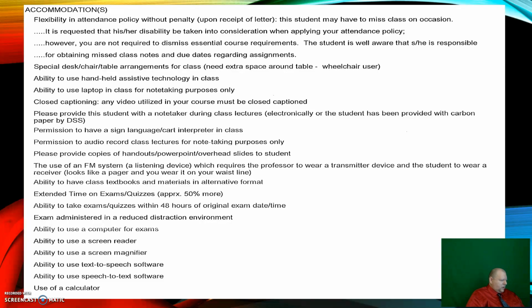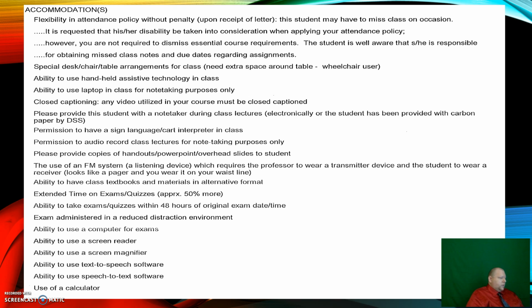The ability to take exams and quizzes at alternate times, in alternate formats, whether they get to use a computer to take the test or not, using screen readers, using screen magnifiers, ability to use text-to-speech software, and even speech-to-text software, like a dictation system, like Dragon NaturallySpeaking, where you can use a microphone and talk to the computer and tell it what you want it to type out for you.